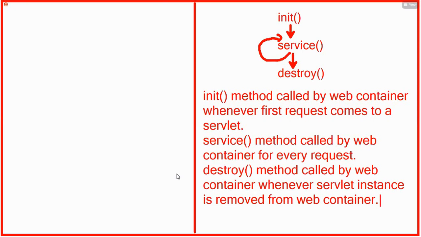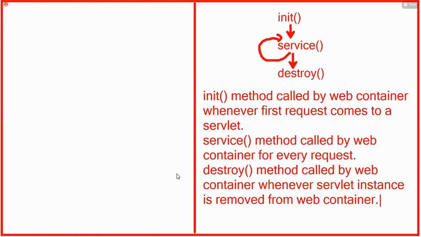Right, that is all. The init method is called by the web container whenever the first request comes to a servlet. The service method is called by the web container for every request.